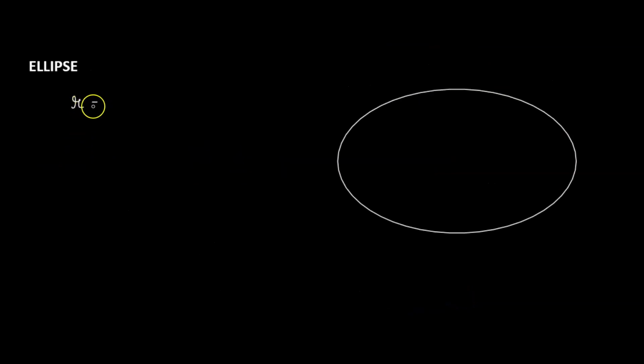We derived the expression r equals L divided by 1 plus epsilon cosine theta. Here L represents the latus rectum and epsilon is the eccentricity of the conic section. Now this particular sign, which is positive in our case, could be negative, and that depends on what kind of origin of coordinate system we have chosen.